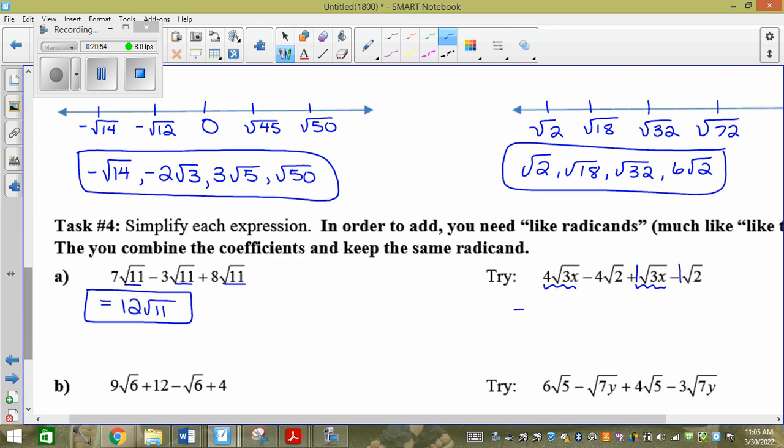How many root 3x's do I have? 4 plus 1 is 5 root 3x. Okay, minus 4 root 2, minus 1 more root 2. How many root 2's do I have? Minus 5 root 2.